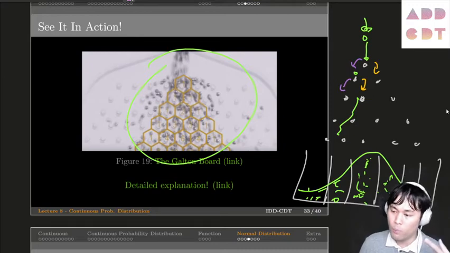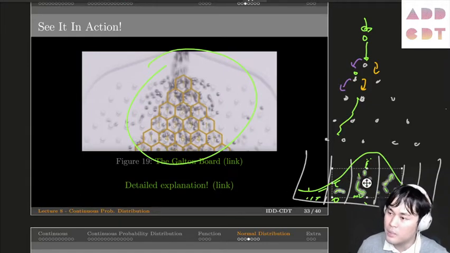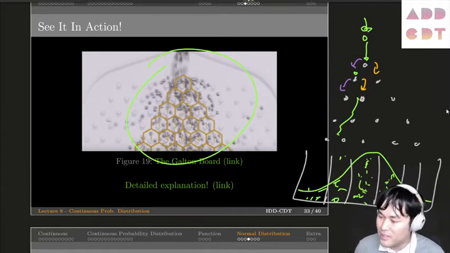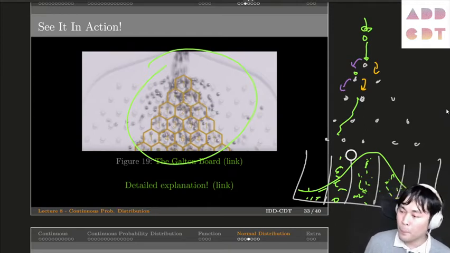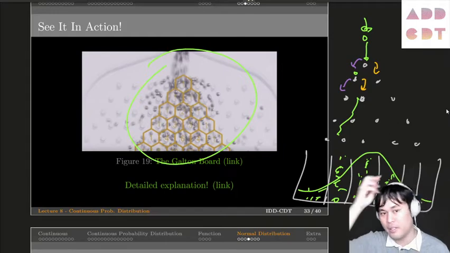You can see from the clip that the first time it has some slight error, maybe from the machine, and for some reason there are more balls in maybe the second column, for example. But they are still pretty close to the curve that they predict.